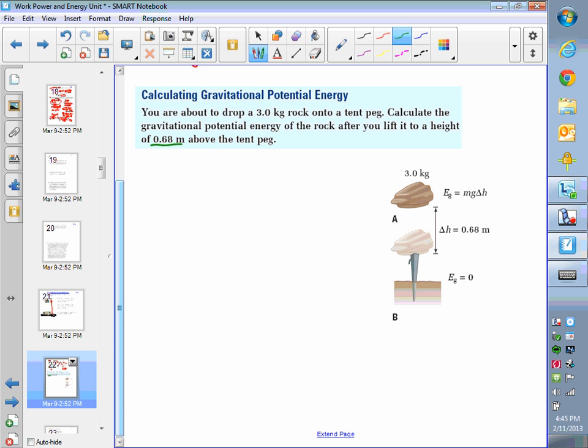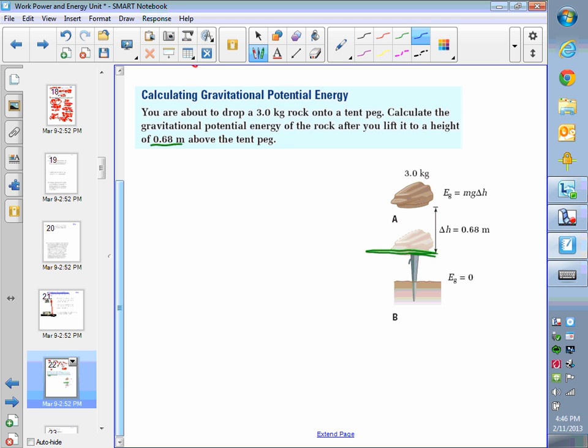So this is not 68 centimeters above the ground. It is, however, above the tent peg. So the reference point goes from the tent peg up to the point, and that's the 68. This is why I put the asterisk on the height: it's just above a certain reference point.